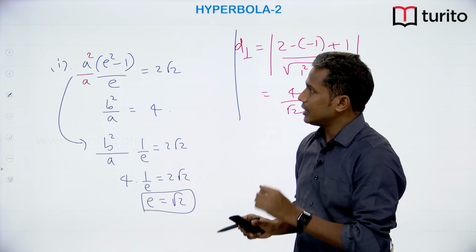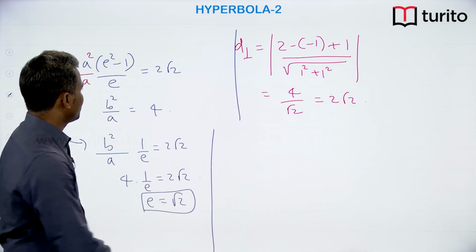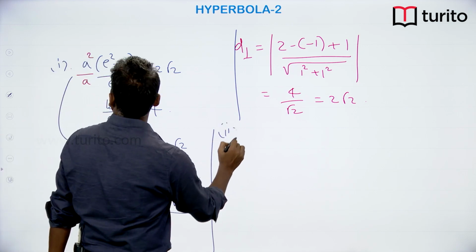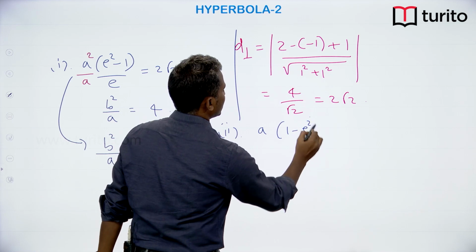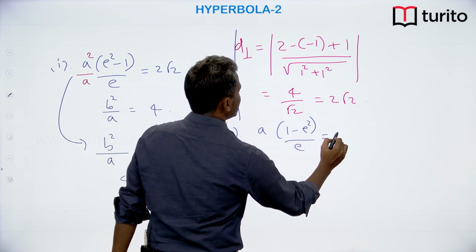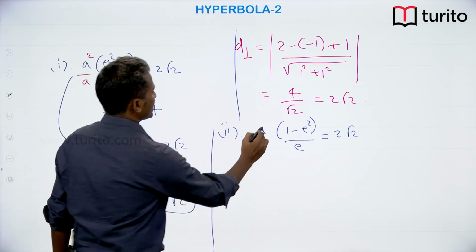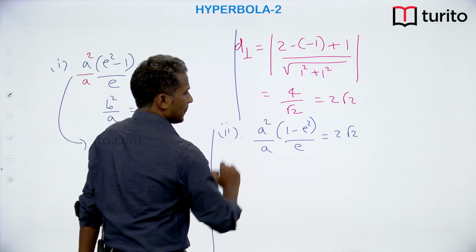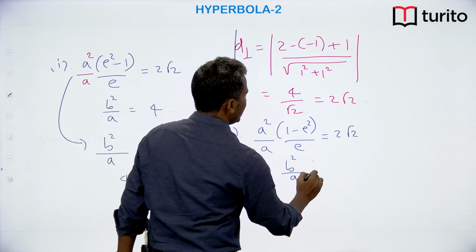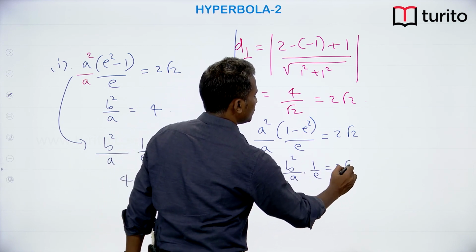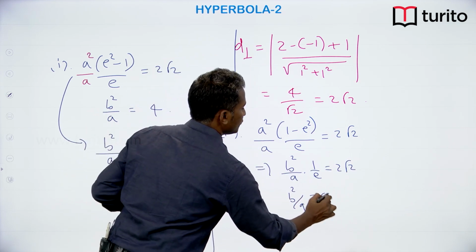So, but we did not take the other case. So, let me just explore the other case also. So, if I take the other case, which is a into 1 minus e square by e, this is let us say equal to 2 root 2. So, again here if I supply one extra a, it becomes equal to b square by a into 1 by e equal to 2 root 2, and again we got b square by a to be equal to 4.